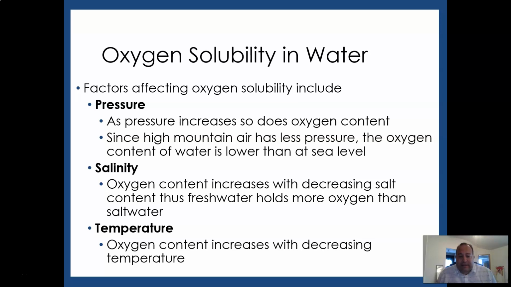And then the last one's the temperature. Oxygen content increases with decreasing temperature. That's why some species of fish really want that cold water, because they need that high oxygen content. So that becomes another reason why riparian habitat and riparian zones are really important in terms of our basic fish habitat, because with increasing temperature you get a decrease in oxygen.